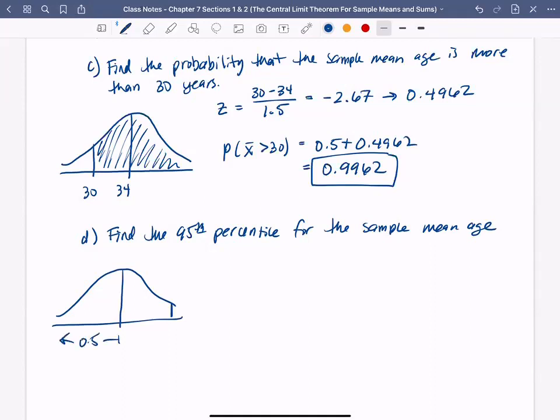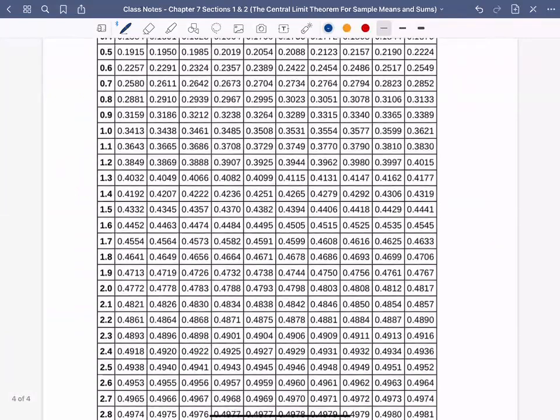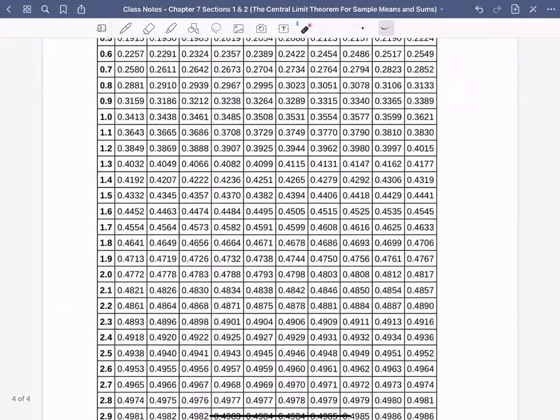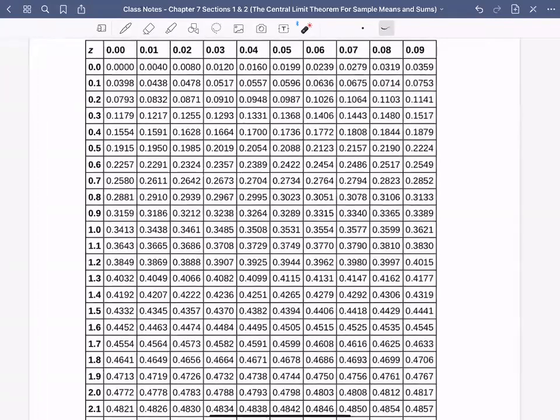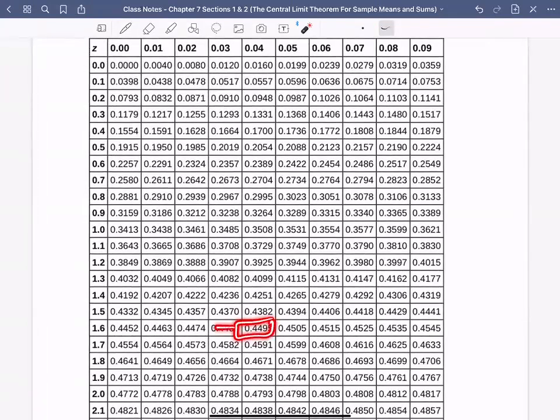And then we need to go here. So to get to 95, we're looking for the 0.45. If we look over here, we're looking for 0.45, and it looks like 0.45 as we keep going right in here. So we actually are going to use the smaller value instead of overshooting it. So we're going to use here, which is, I'll zoom out a little bit, 1.64.